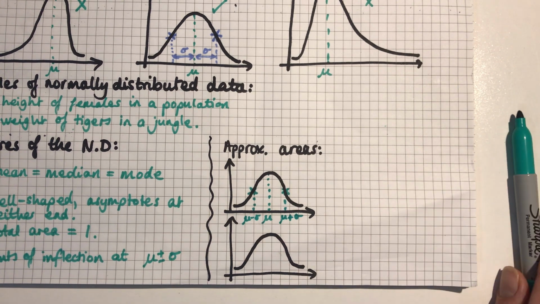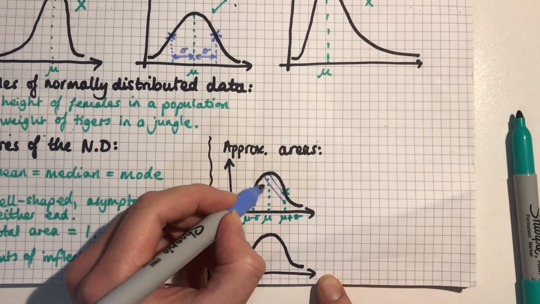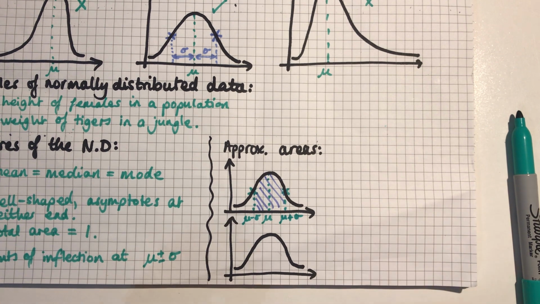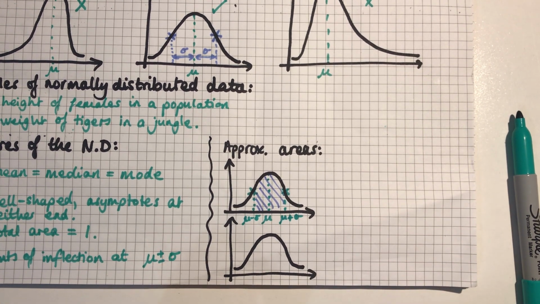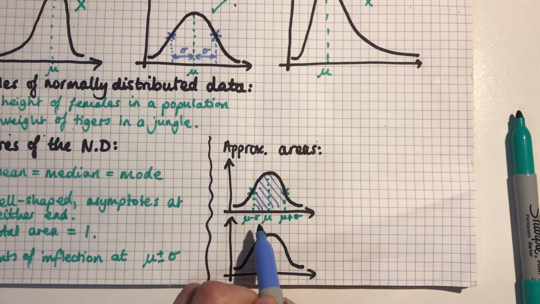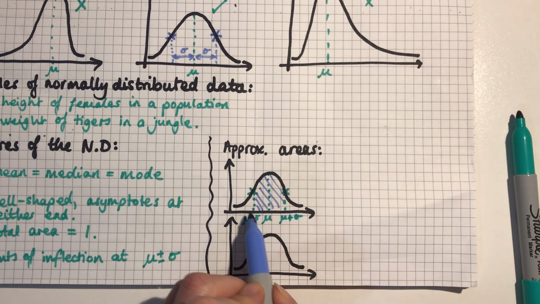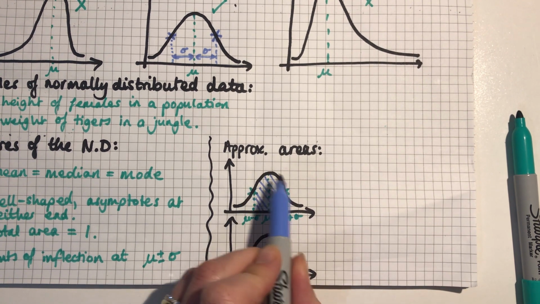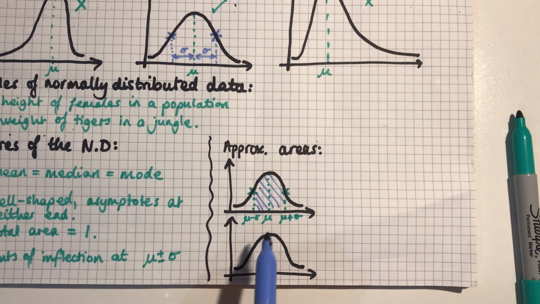And I'm interested now in this area here between those two points, because what we know about any normal distribution is that roughly 68% of the data lies within this area here, which we call one standard deviation from the mean.